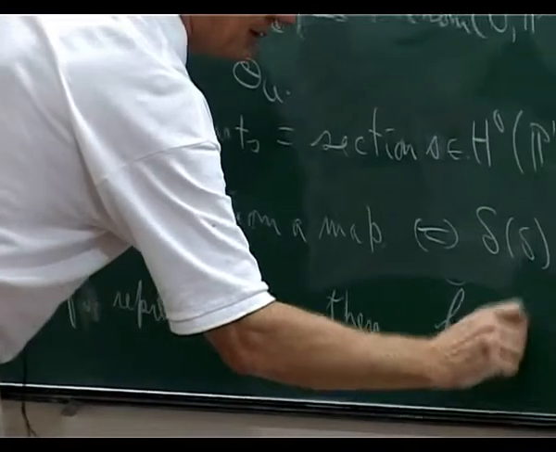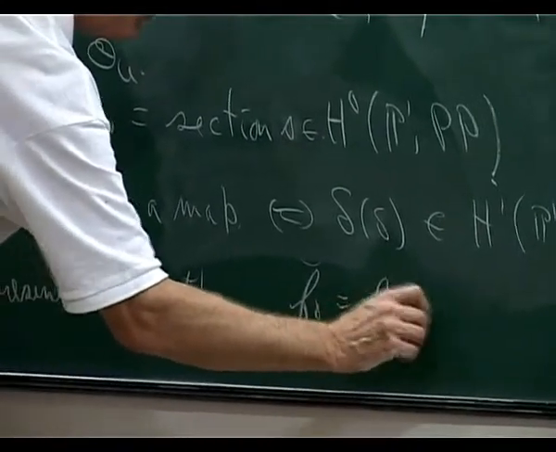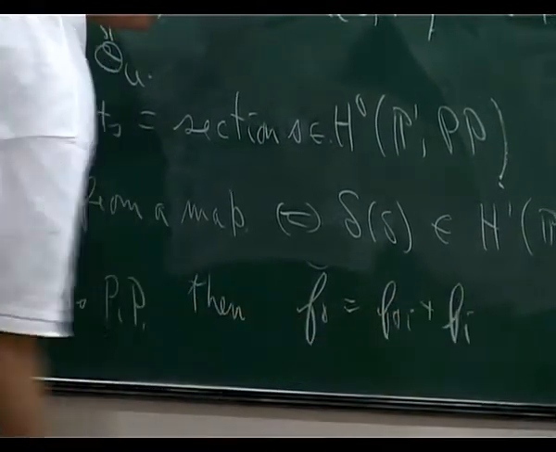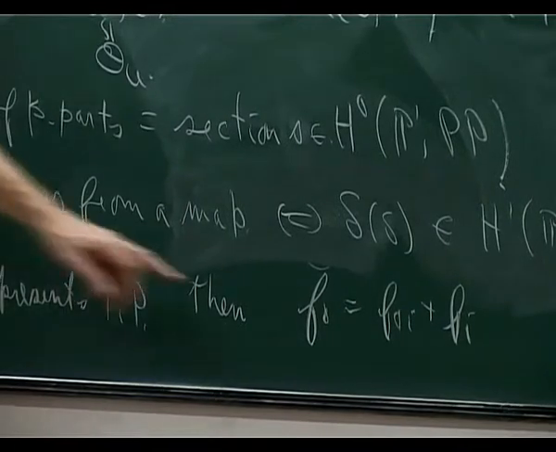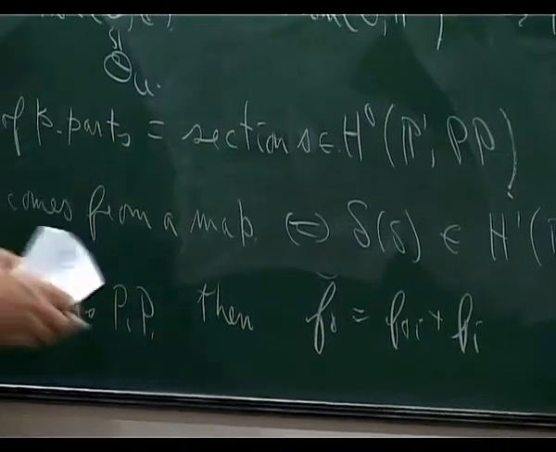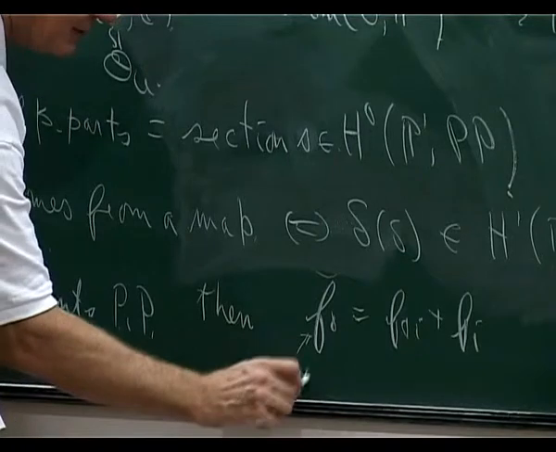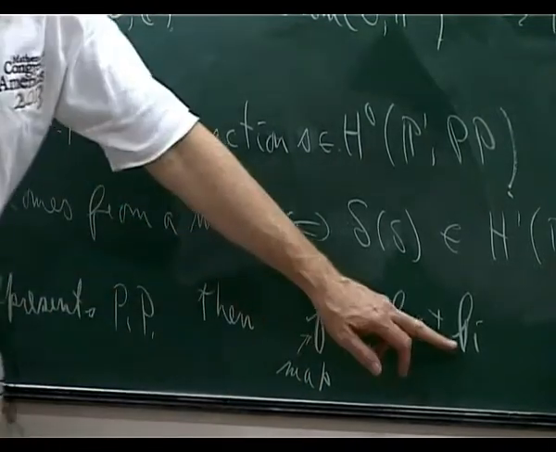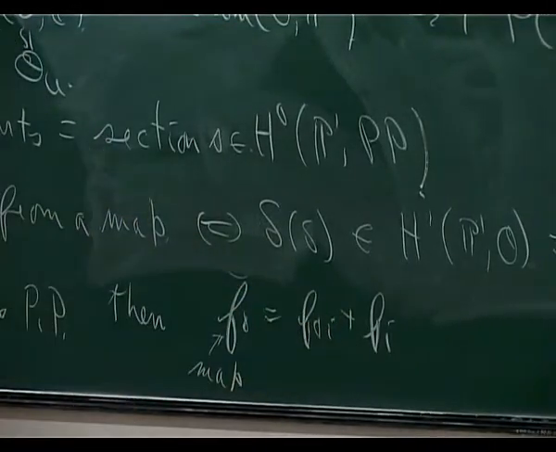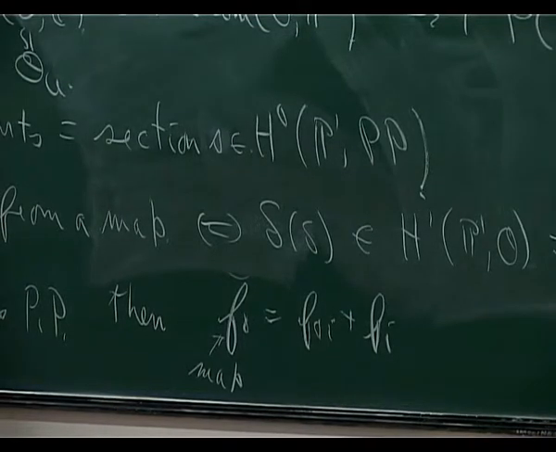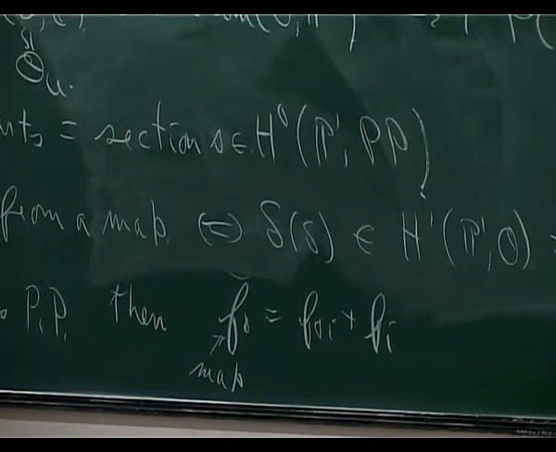F_0 is f_{0i} plus f_i. This is the map, and this is the adjustment to the principal part. You have to play with the tail here to make it the global map.